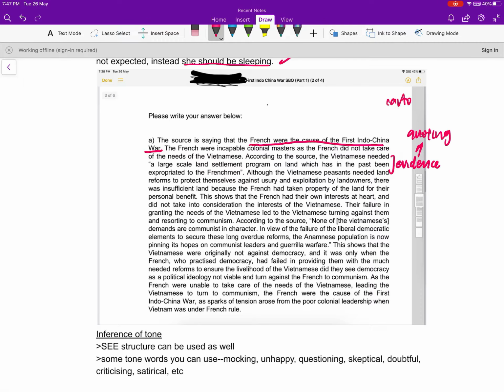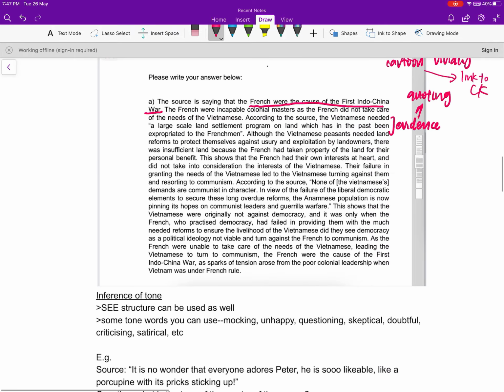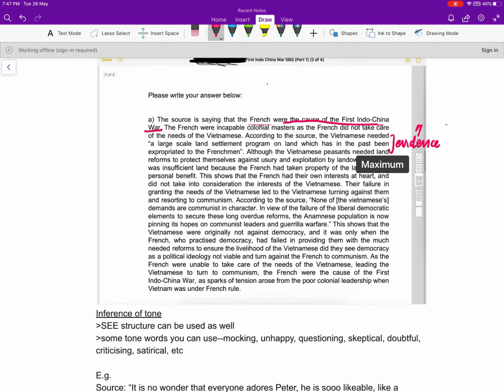If it's a cartoon, you have to describe very vividly exactly what they're doing. And for a cartoon inference of message, you also must link to CK, your contextual knowledge, which is not something that you need to do for inference of message for worded sources, but for cartoons you must, or any drawings for that matter. And this is your elaboration.